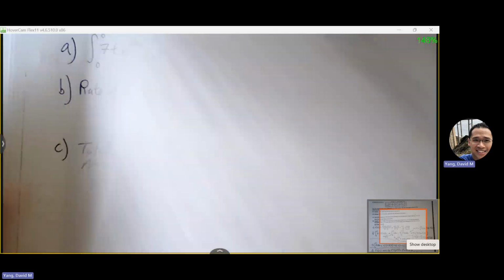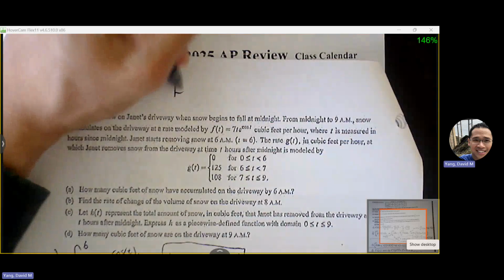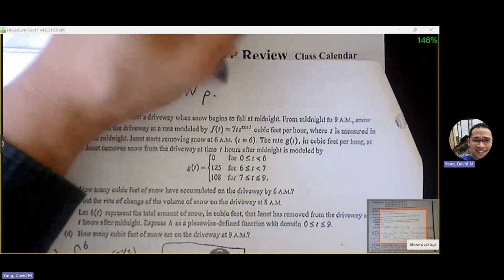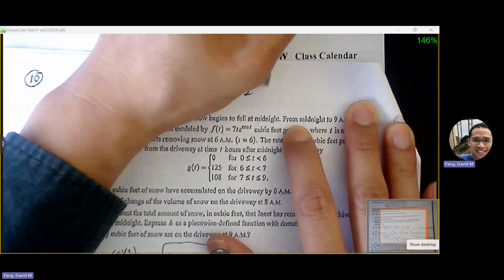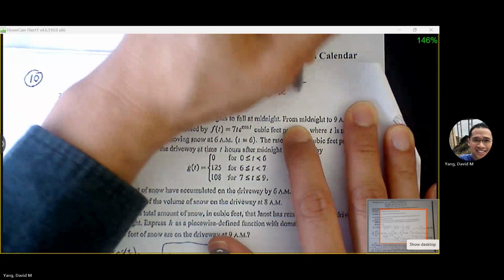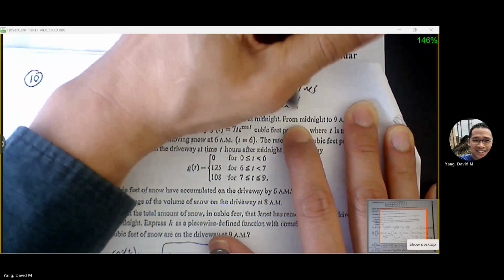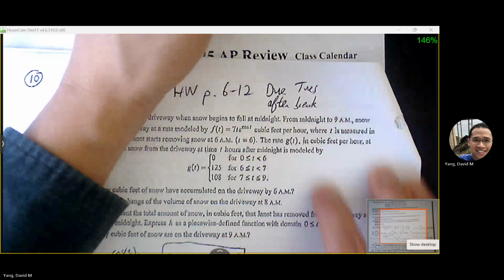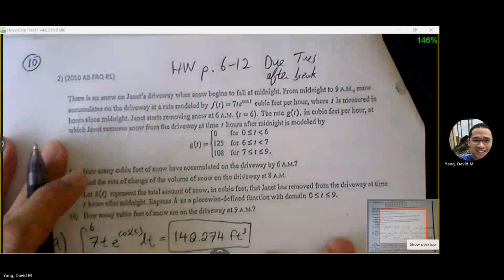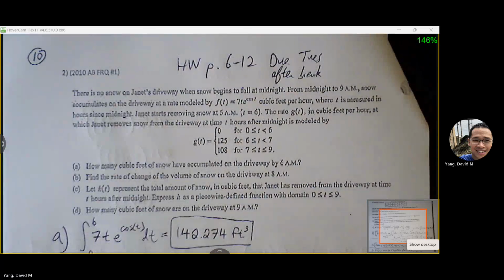All right, so your homework, pages 6 through 12, will be due Tuesday after break. Just a heads up, when we come back from break, we're going to work on this packet.